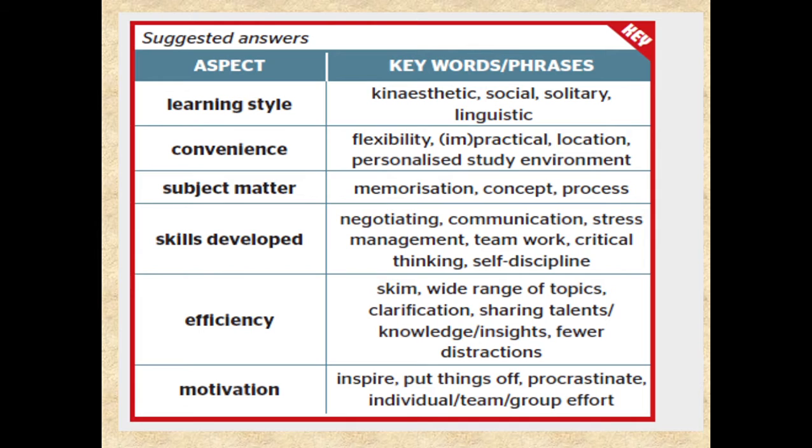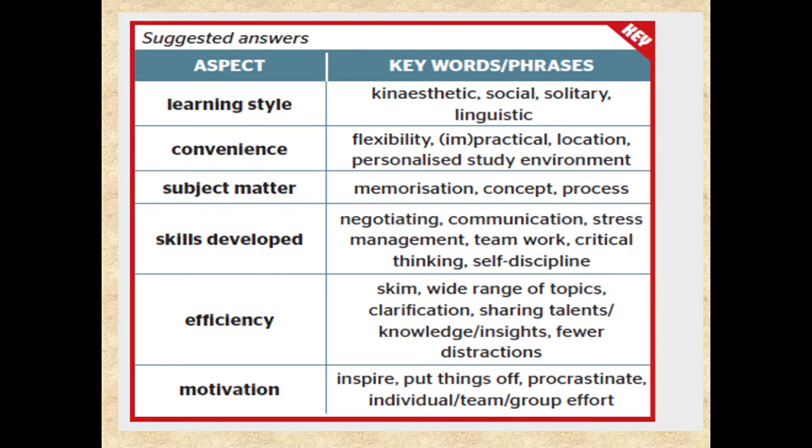Now, look, this is a suggested answer for the keywords that you can add. For learning style, social or linguistic. Then for convenience, it's like flexibility, location, personalized study environment, and practical and impractical. For subject matter, like memorization or process.